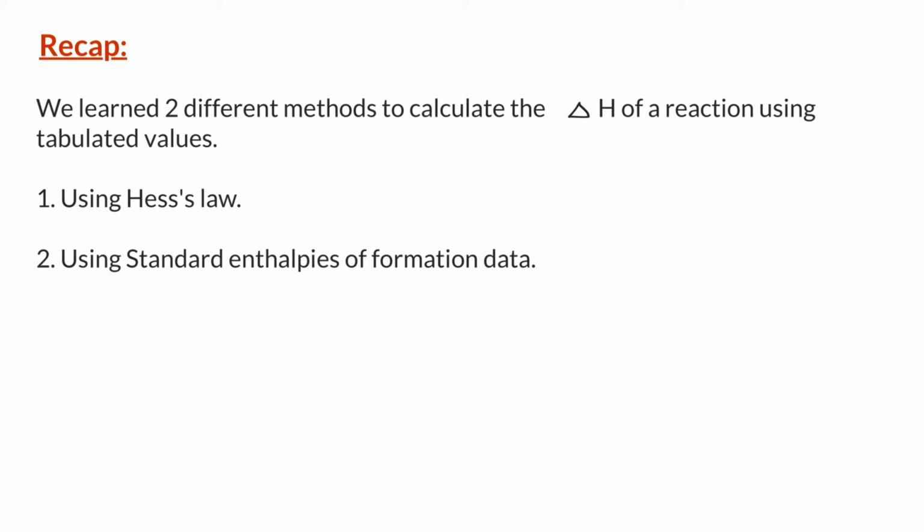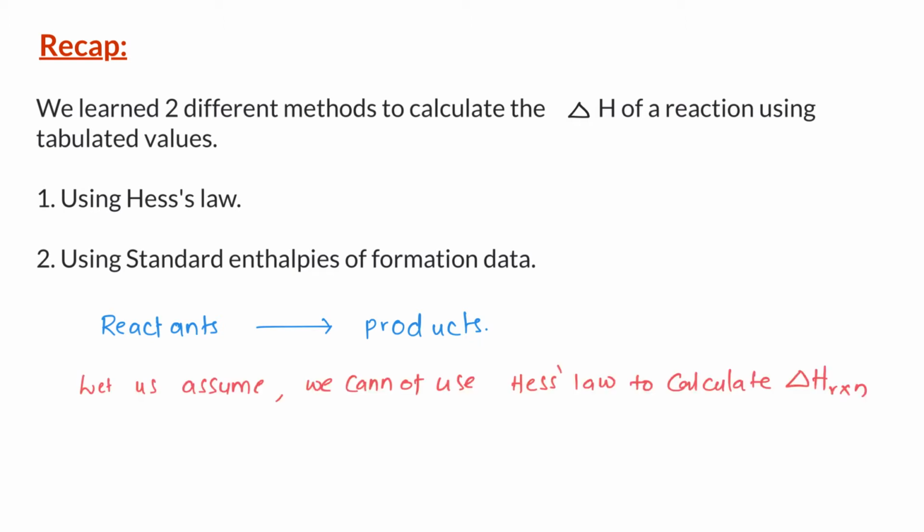Let us say we have a hypothetical reaction. Reactants give rise to products. Let us say we cannot express this reaction in terms of several other reactions whose enthalpy change values are known. Therefore, we cannot use Hess's law to determine the enthalpy change of this reaction.